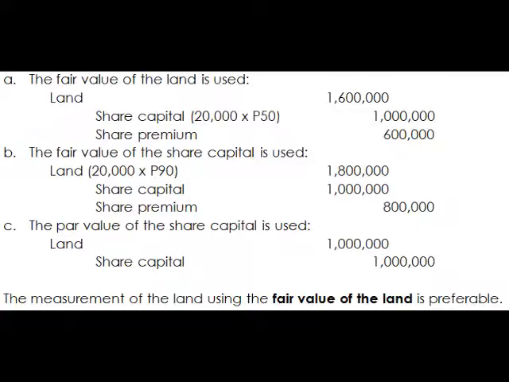When the fair value of the share capital is used, the journal entry is to debit land, which is equal to 20,000 shares times the quoted price of 90 pesos, and the excess of 800,000 pesos is charged to share premium.